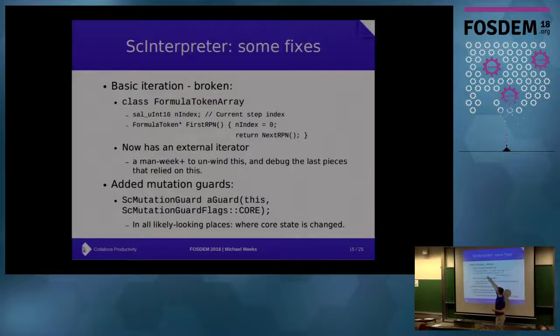You're like, this is an iterator start, give me the first one, and then you call get-next, and it's mutating the thing itself. So we now have a nice external iterator. We have mutation guards everywhere that are essentially designed to crash and lock hard if they ever see a mutation that occurs while this threaded calculation is going on. And so we sprinkle those liberally in scary-looking places.